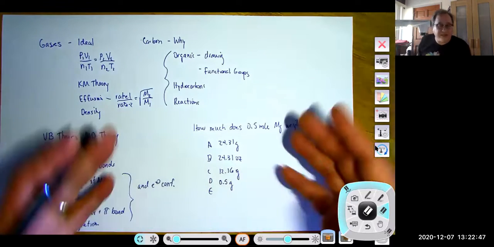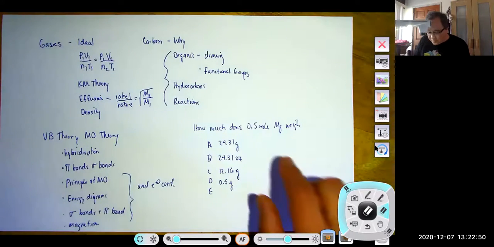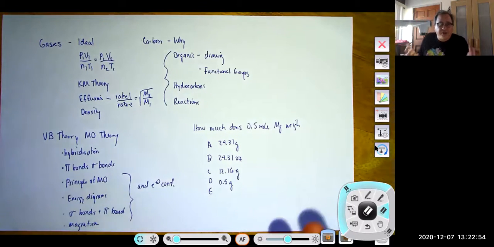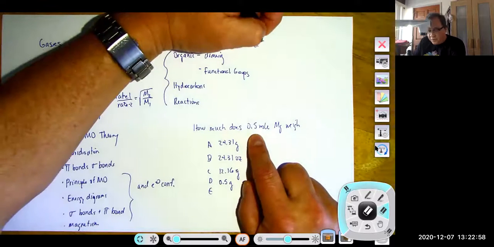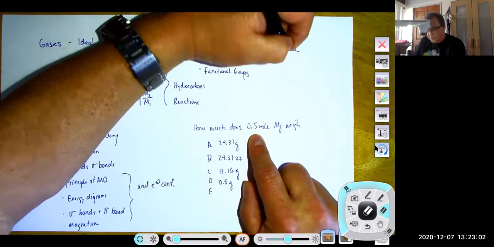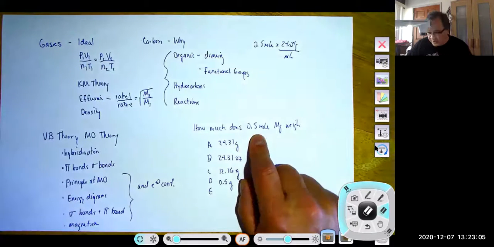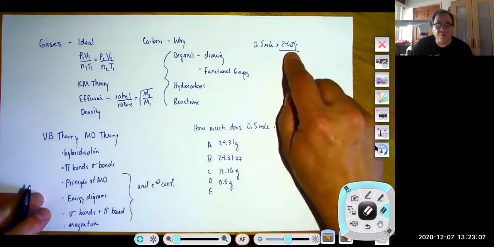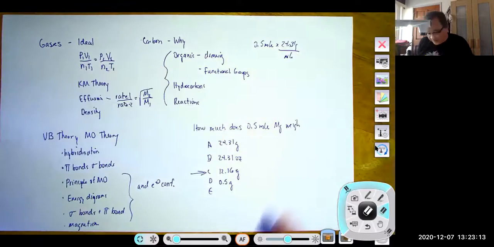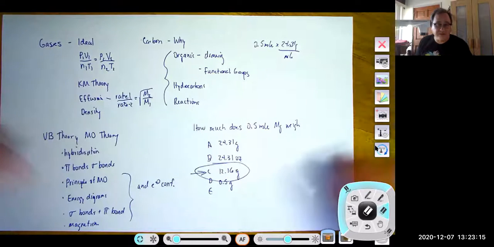How do you do a problem like this? The answer is use your wits. You don't need a calculation. You could certainly do 0.5 moles times 24.31 grams per 1 mole. Or you could just say to yourself, if 1 mole weighs 24 grams, half a mole weighs 12 grams. I choose C and you move on.